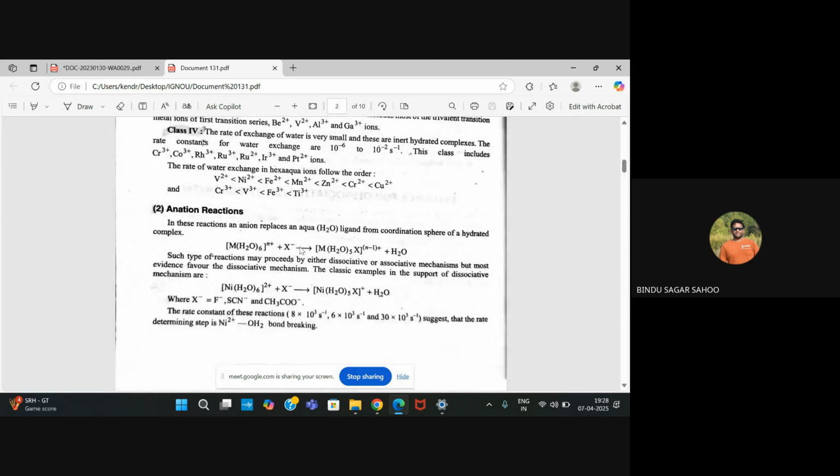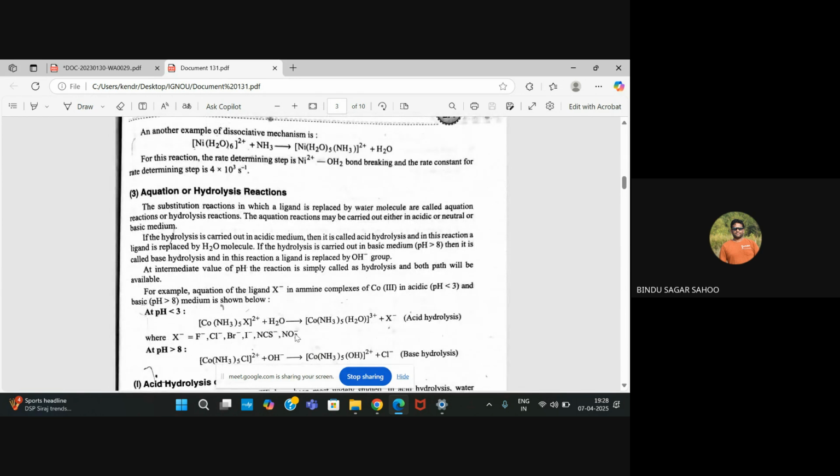Here the incoming ligand is water, but in anation reactions the incoming ligand is not water. The incoming ligand will be some halide or other types of ligands, and it will replace one water molecule from the initial reacting complex. But in the hydrolysis process, the water acts as the incoming ligand. It will remove one leaving group from the initial complex and attach to this particular complex.